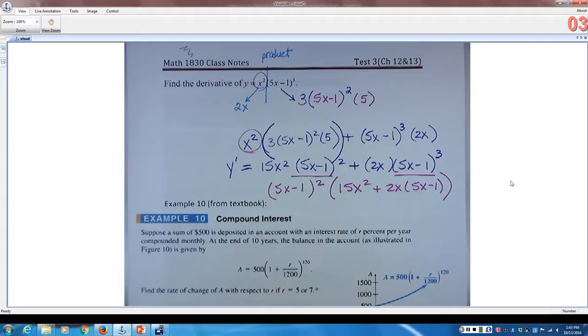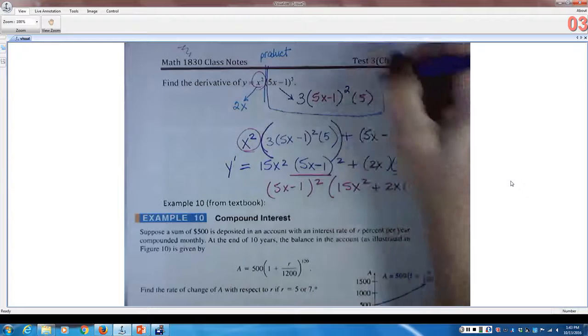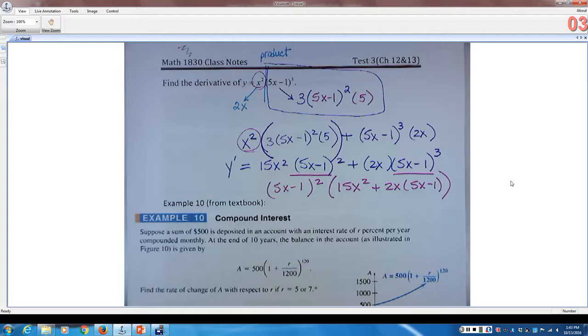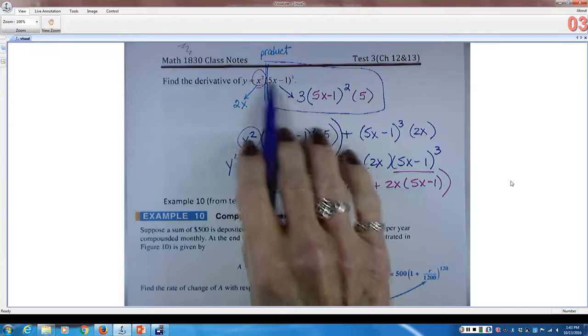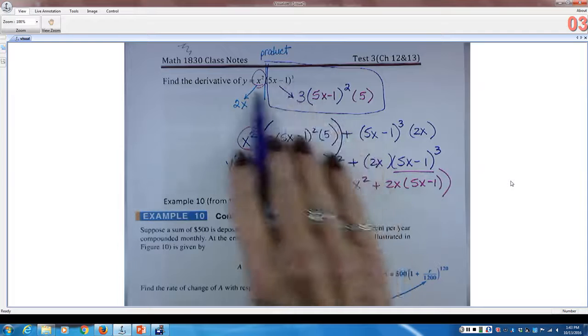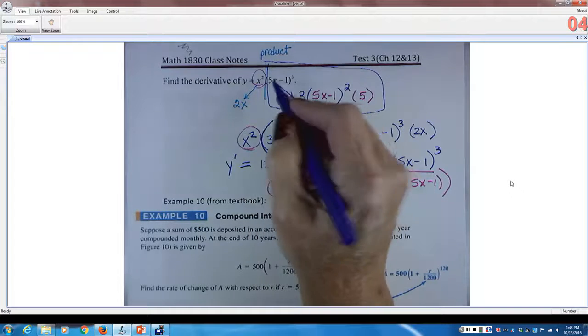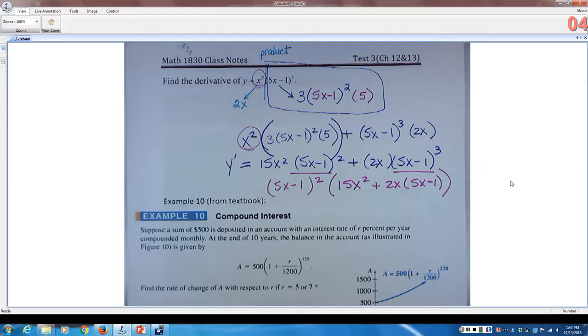So in the problem above it, the part that was chain rule was this part. Because we had something inside a set of parentheses, and the outside of the parentheses was a power, so the outside function was something raised to the third power.